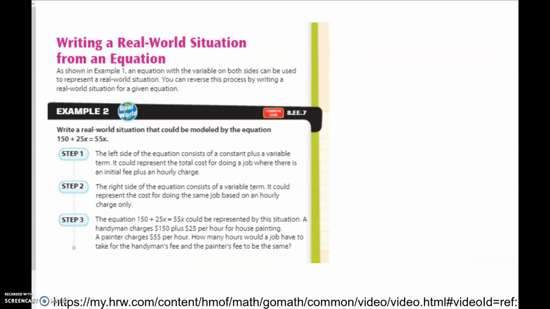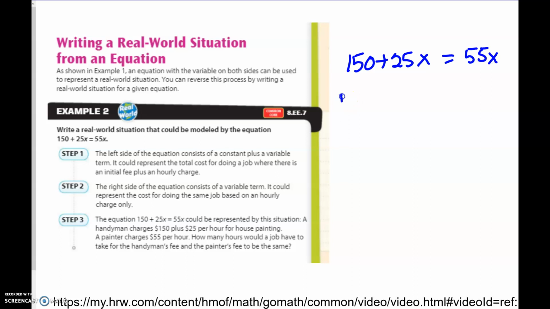All right, so this one is practicing writing a real world situation. So we have over here 150 plus 25x, and they're saying that that's going to equal 55x. They want you to make up a situation here. So I'm going to say something like, I'm going to hire a plumber to come fix my toilet or my leaky faucet.